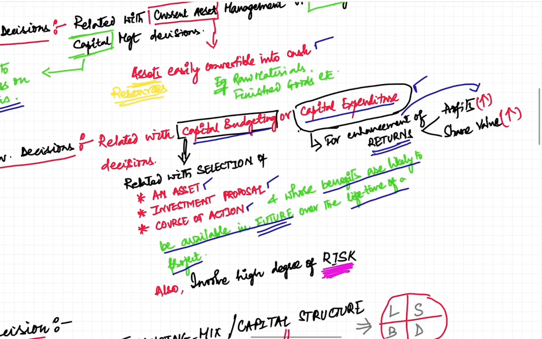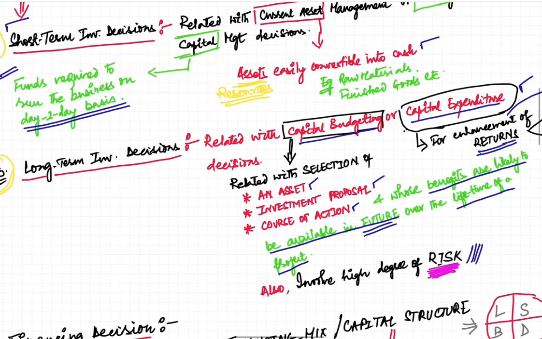Now, long-term investment decisions also involve higher amount of risk, right? Because when you say long-term, it is generally decisions that are taken for the benefits which are going to be accrued for more than 1 year.